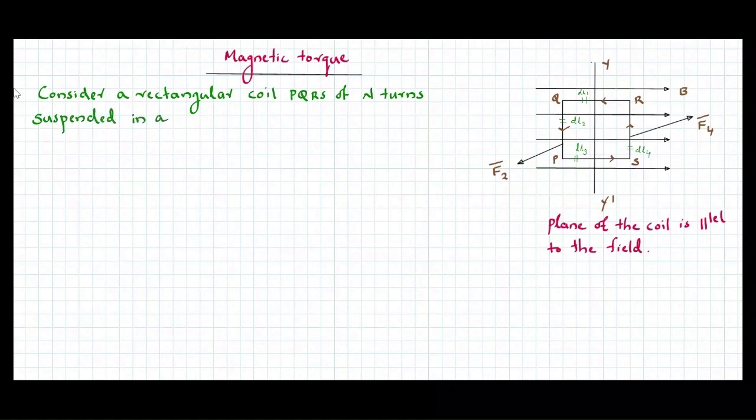Consider a rectangular coil PQRS of n turns suspended in a uniform magnetic field. It is suspended in such a way that it can rotate about the vertical axis y dash, that is shown in figure.